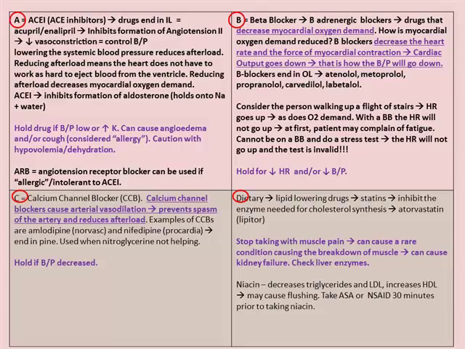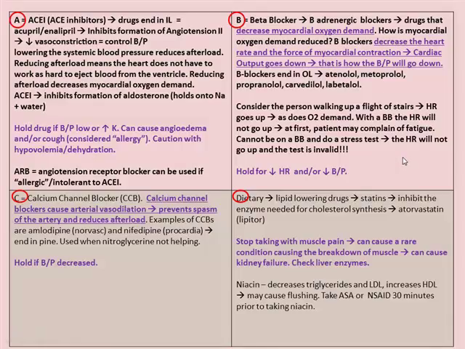Well, if your beta cells are blocked, when you go up that stair, your heart rate's not going to go up and the force of your contraction is not going to go up, which means you may not be able to tolerate going upstairs because you're going to be tired. So individuals will complain of fatigue when they first go on the beta blocker, and then they seem to settle down and get used to it.